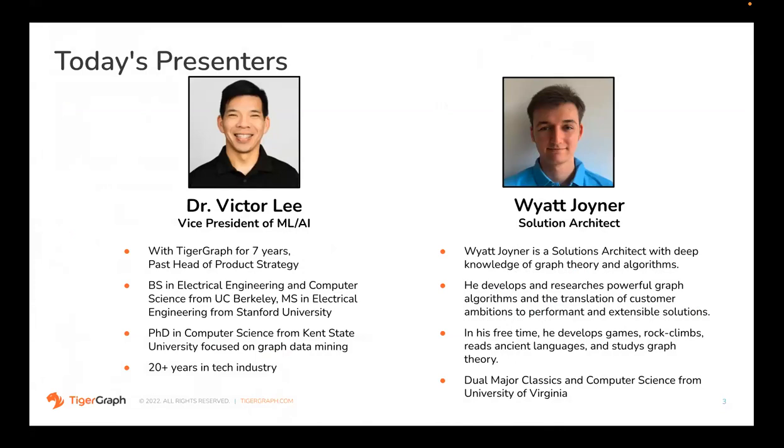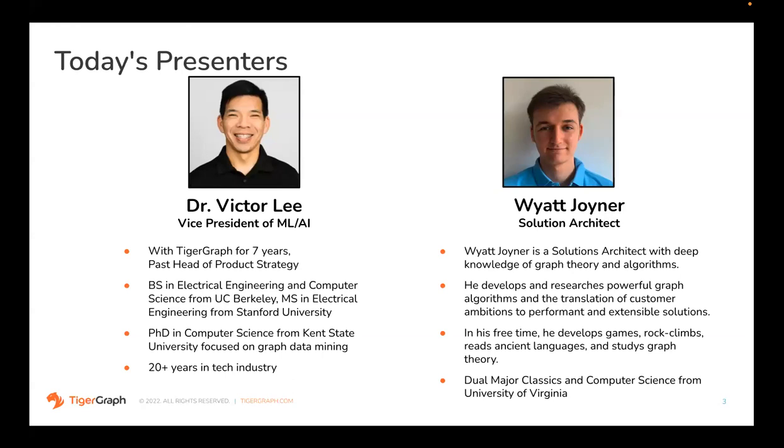So I'm Victor Lee. I'm Vice President of Machine Learning and AI at TigerGraph. I've been with TigerGraph for almost 7 years now. I started out as an electrical engineer and worked in chip design before switching to software and got really interested in graph databases and graph data mining. Joining me today is Wyatt Joyner, one of our solution architects.